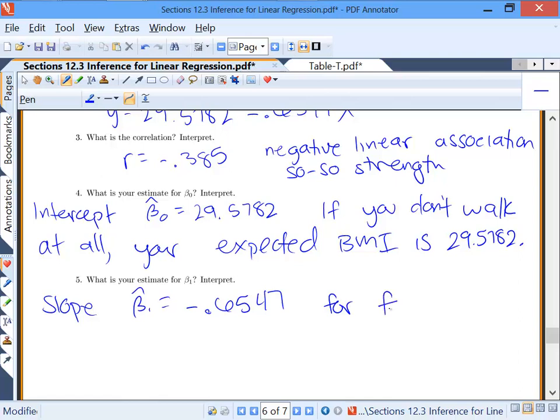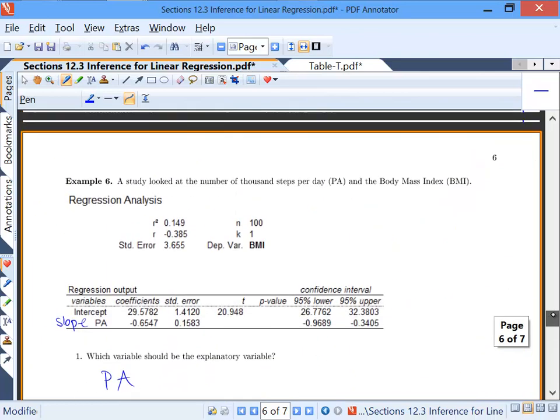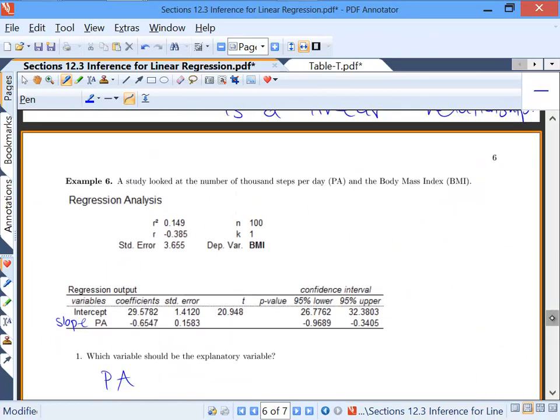So for every additional, what was our unit if you look back up at the problem? So for every additional, I think it's thousands of steps.